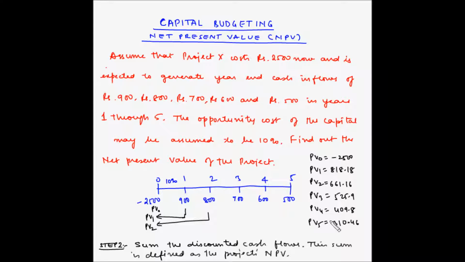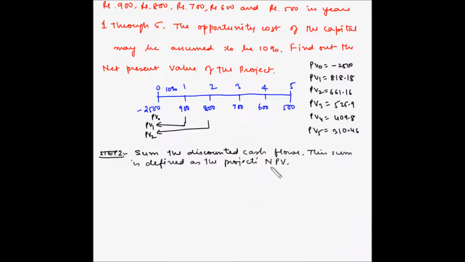Now when we sum all these, basically we are subtracting the outgoing cash flow from the incoming cash flow, because incoming cash flow is positive while the outgoing is negative. And that is our net present value.